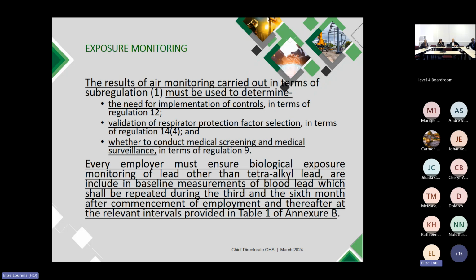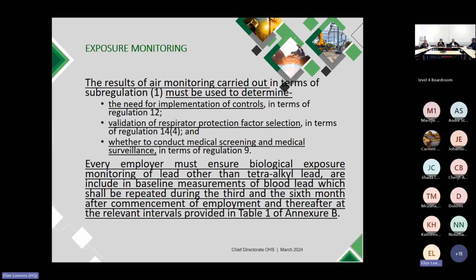They trigger each other. Every employer must ensure biological exposure monitoring of lead other than tetraalkyl lead is included in a baseline measurement for blood lead, which shall be repeated during the 3rd and the 6th month after commencement of employment and thereafter at relevant intervals provided for in Annex B. So those of you who work closely with the current lead regulation will know that there is a phase-in provided for lowering blood lead concentrations.